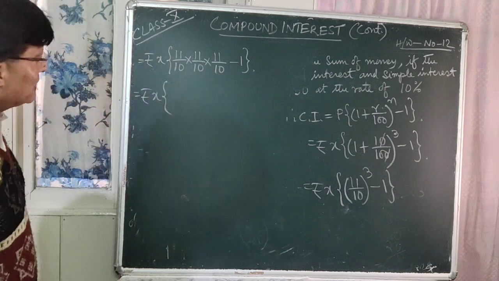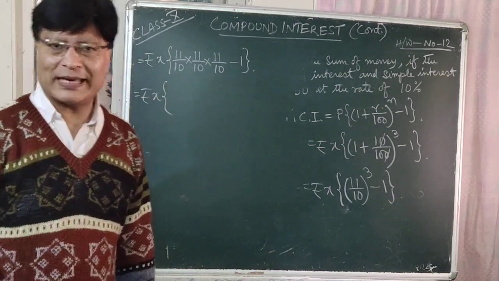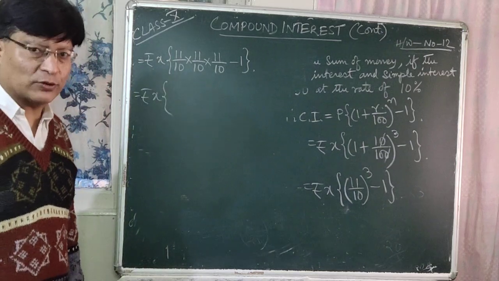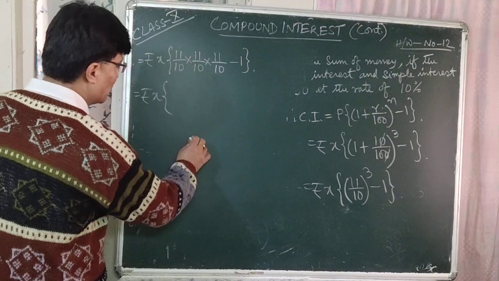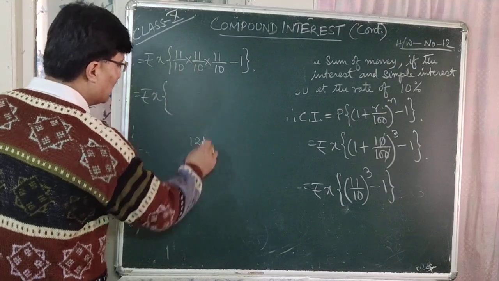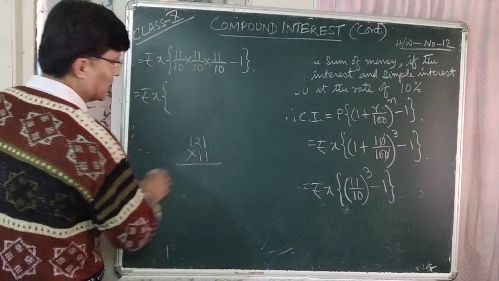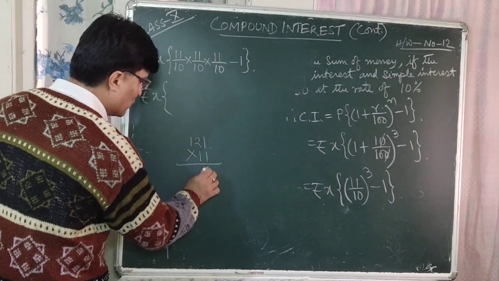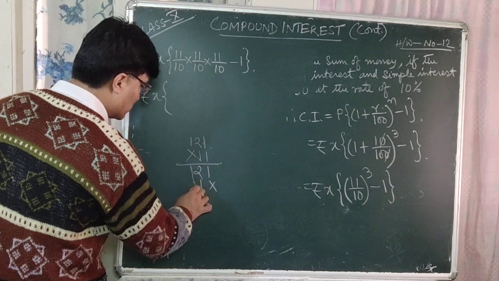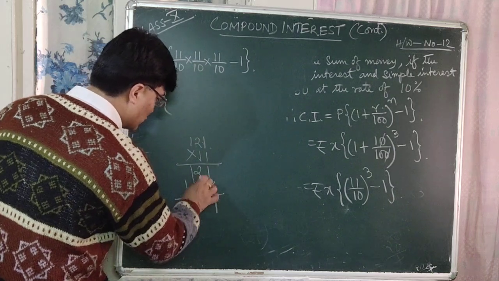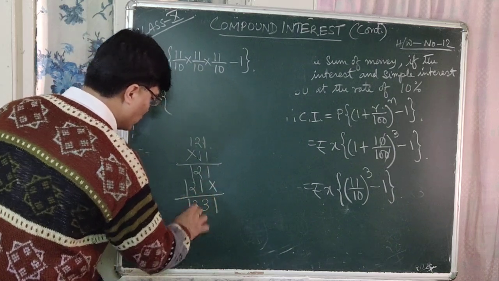Now let us calculate 11 into 11 into 11. You know that 11 11s are 121. Again multiply by 11. 1 1s are 1, 1 2s are 2, 1 1s are 1. So this is 1, 2 plus 1, 3, 2 plus 1, 3, 1.